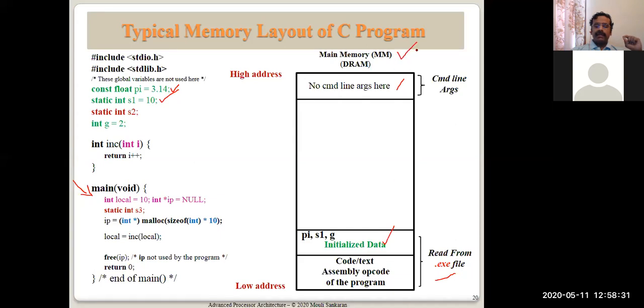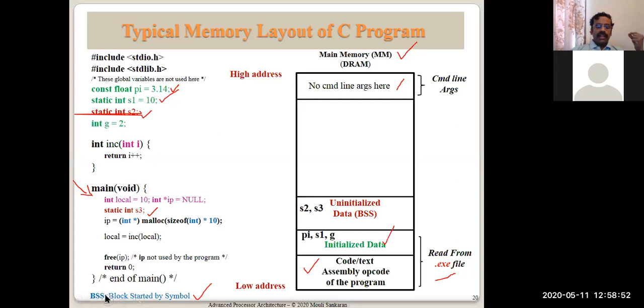and before we run the program, it is loaded into the memory, which is nothing but the main memory, and the processor is going to start accessing the code from here and execute the code. And we call the uninitialized data BSS. You can see that this variable and this are not initialized.